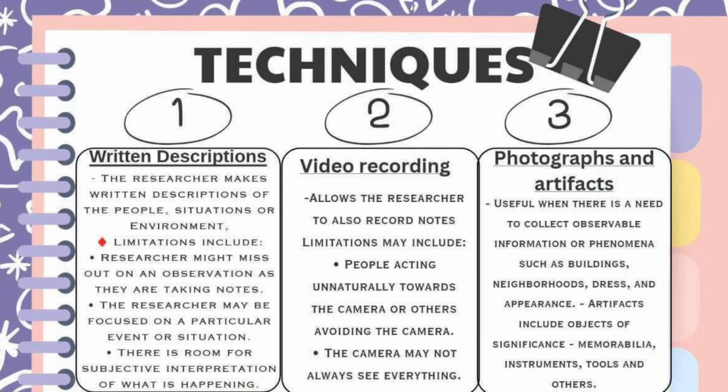Second, we have video recording. Allow the researcher to also record notes. Limitation includes people acting unnaturally towards the camera or others avoiding the cameras. The camera may not always see everything. Third, we have photograph and artifacts.